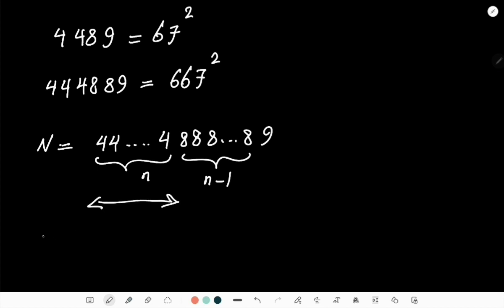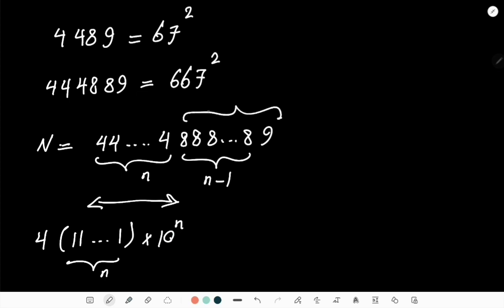This can be written as 4 times 1, 1, 1, n times, times 10 to the power of n. So here we have n ones.